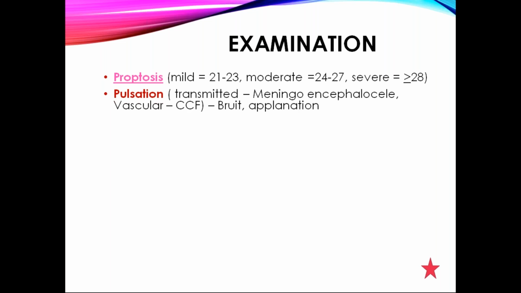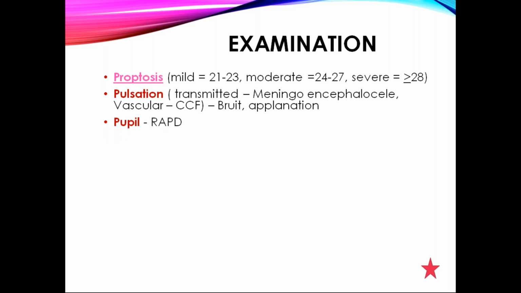For example, carotid cavernous fistula, between the cavernous sinus and carotid vessels. When there is a fistula between these two, there is a forward protrusion of the eyeball which is pulsating, which you can make out when you are performing an applanation tension for the patient. Applanation tension is nothing but the method you use when you check for the intraocular pressure.